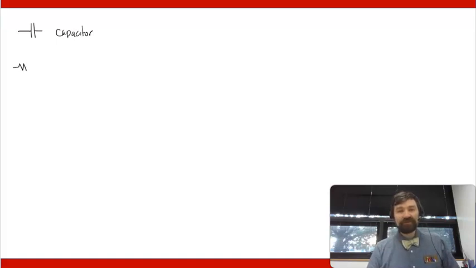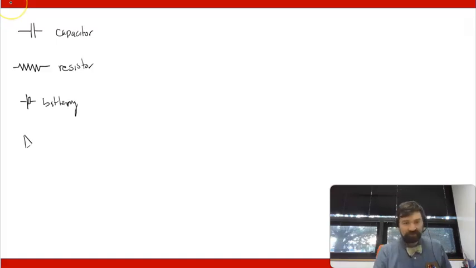There are some other symbols that we will commonly use, like this one right here will mean a resistor. This right here, where there's a thin, tall terminal and then a shorter, fatter one, means that you have a battery. If you have a triangle with a little line next to it like this, that would mean a diode.